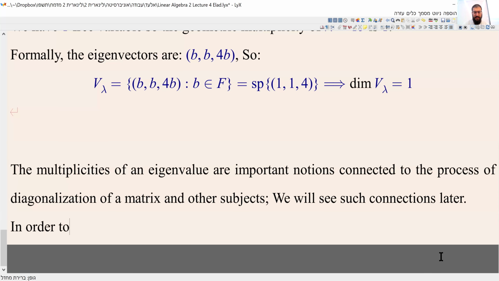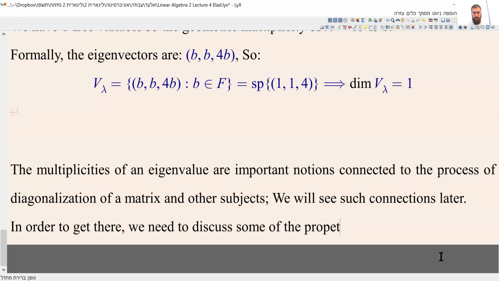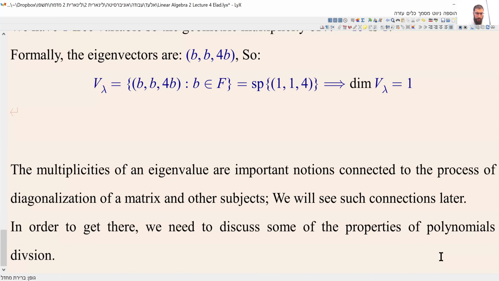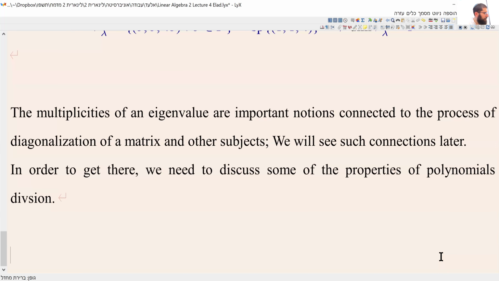For now, in order to get there, we need to discuss some of the properties of polynomial division. Okay. Nice paragraph as a prologue.